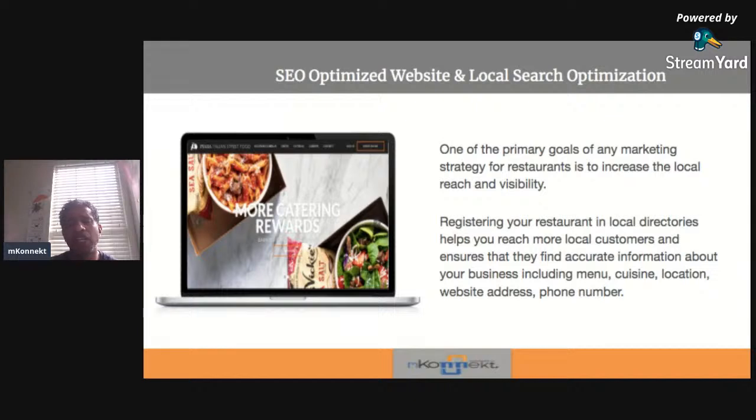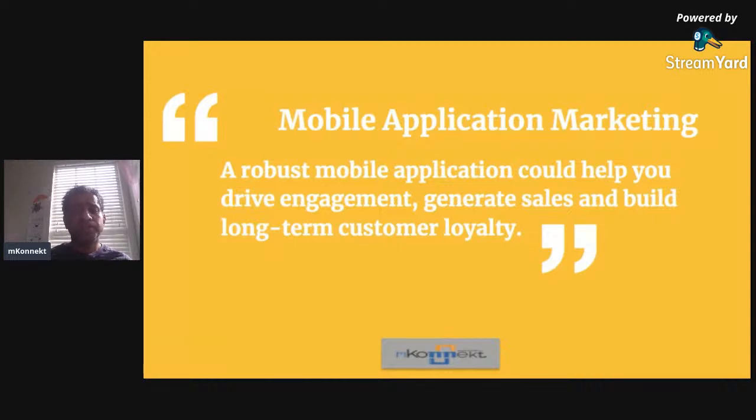So make sure that you have access to your Google My Business account, and other directories. You need to make sure that you are listed on Yelp, you're listed on Nextdoor, you're taking care of your Bing Places. All these are the primary things, the very first steps that you need to do in order to make sure that your presence online is accurate and tells all the right information about your opening hours and all those kind of things.